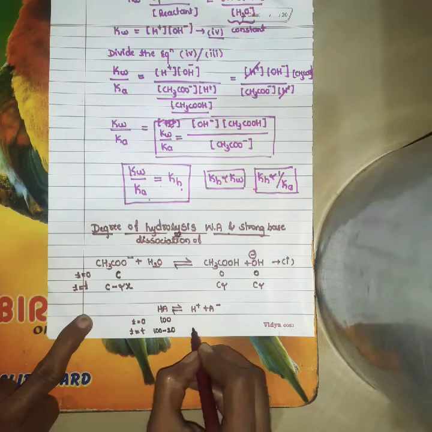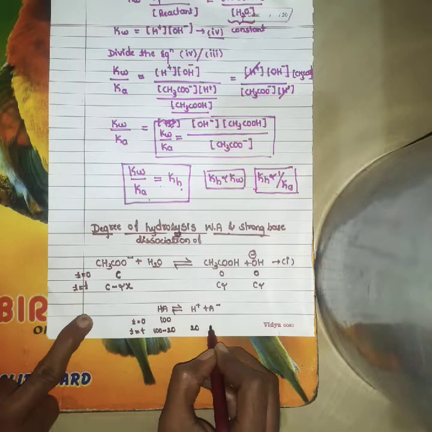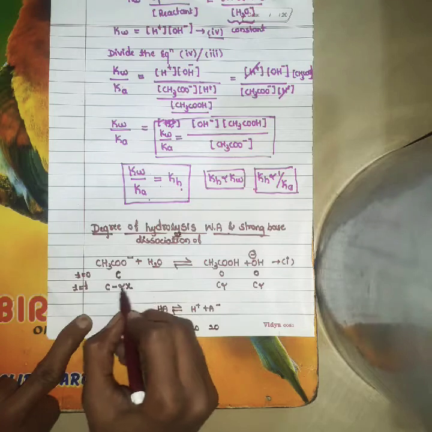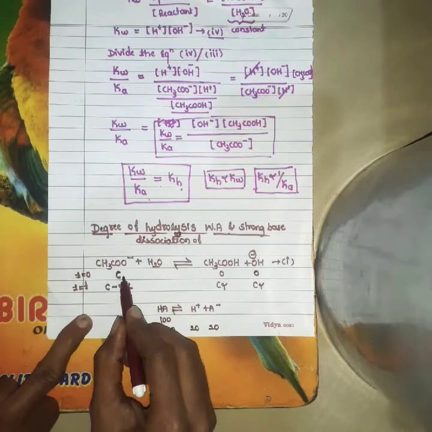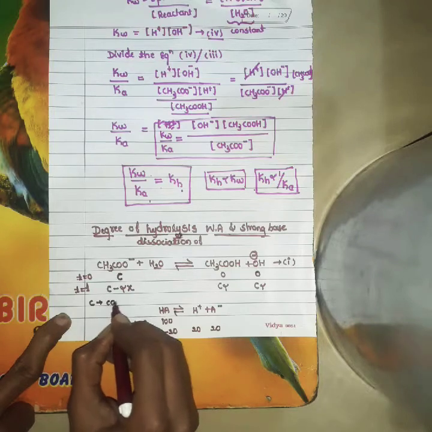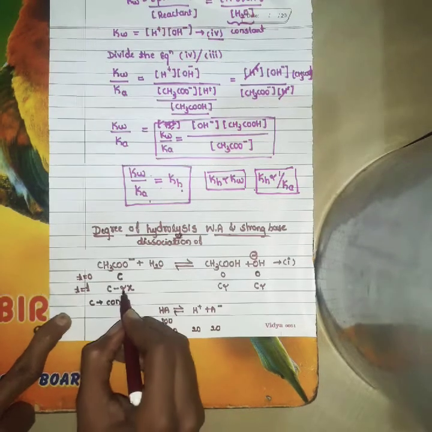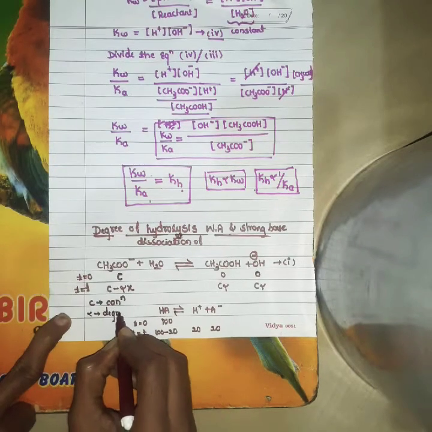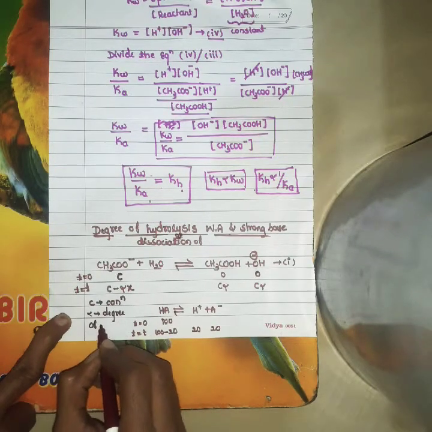That means 20 molecules will form. Here C is the concentration of acetate ion, and alpha is the degree of dissociation.